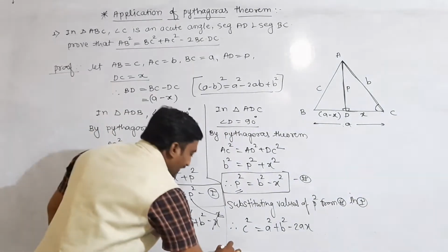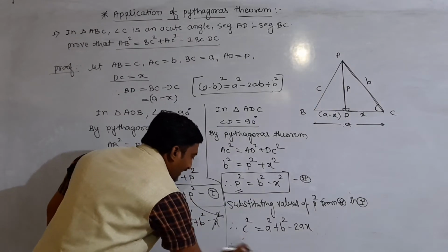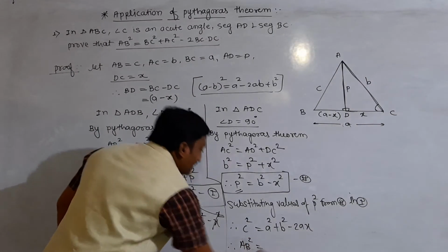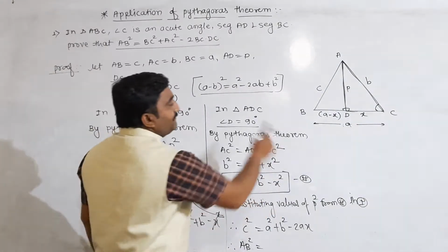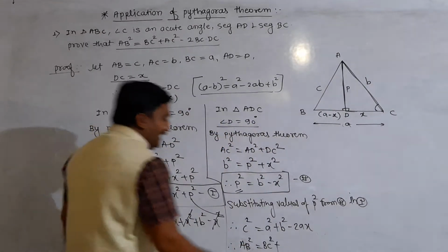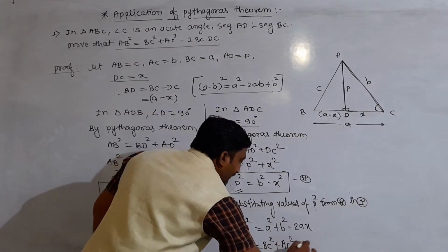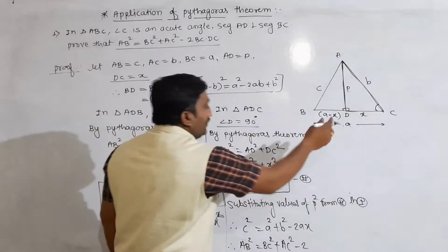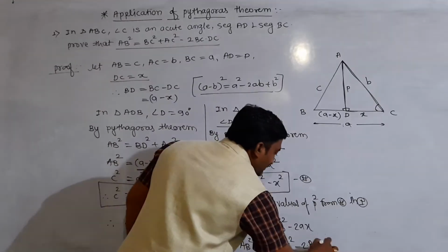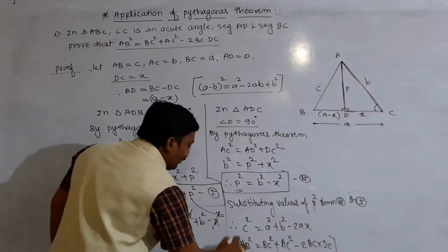Then substituting the values, c square means AB square is equal to a square means BC square plus b square means AC square minus 2 into a means BC and x means DC. Hence it is the proof.